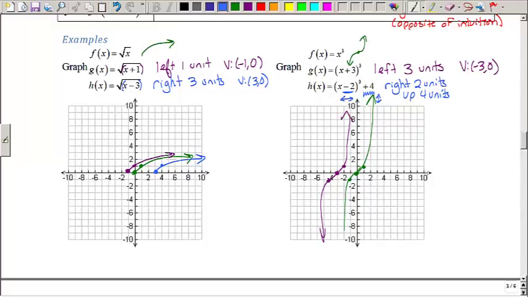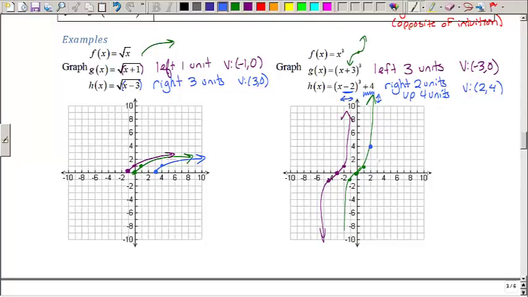So I have two shifts that I'm going to be working with. If I look at my vertex at 0, 0 for my parent function, and I shift it right 2 units, but also up 1, 2, 3, 4 units, I have a new vertex at 2, 4. 2 from the horizontal shift, 4 for the vertical shift.